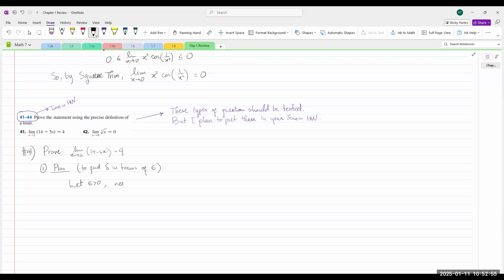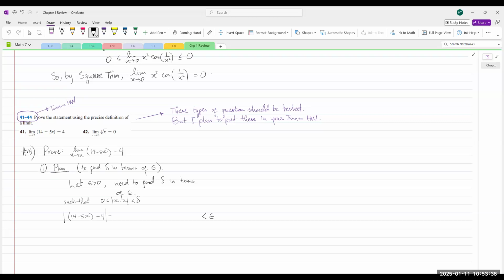We need to find delta in terms of epsilon, such that as long as the absolute value of x minus 2 is less than delta, we get the absolute value of 14 minus 5x minus 4 to be less than epsilon.